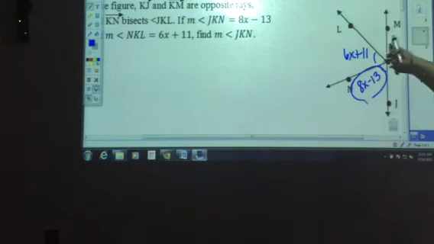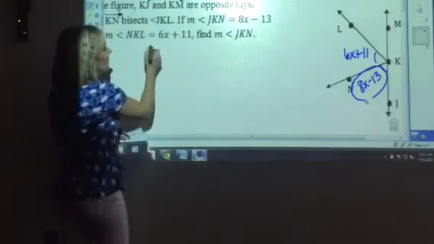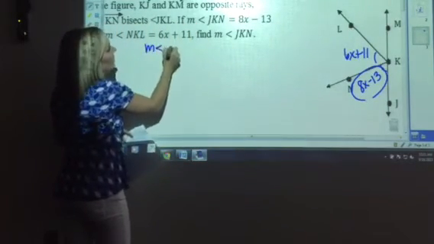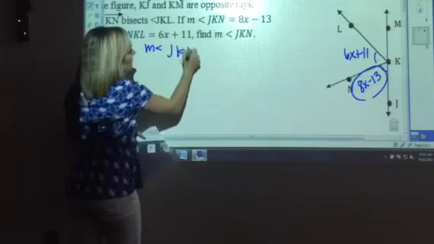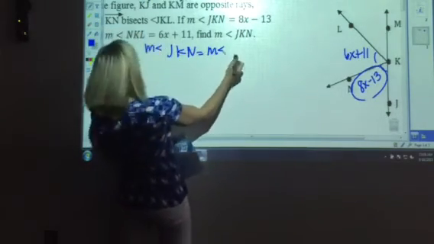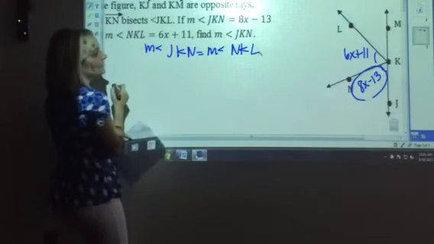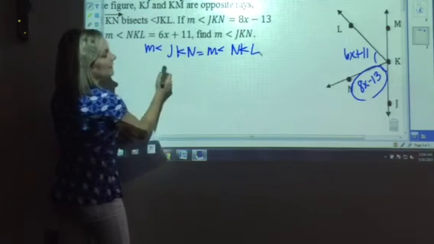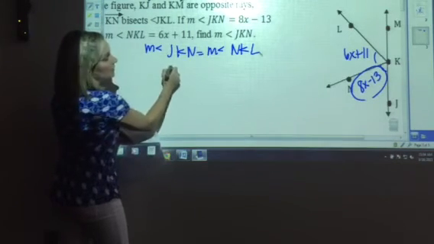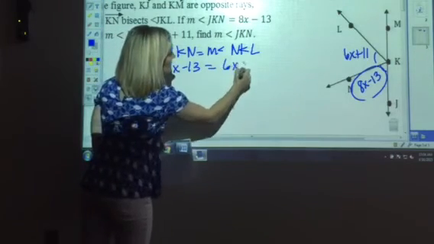So obviously, if these two angles are congruent, then I know their measures are the same. So I'm going to say the measure of angle JKN is equal to the measure of angle NKL, okay? So I'm going to plug in JKN is 8x minus 13 is equal to 6x plus 11.